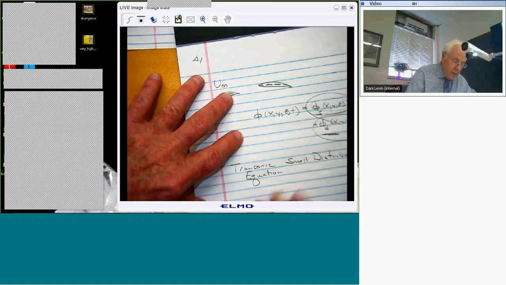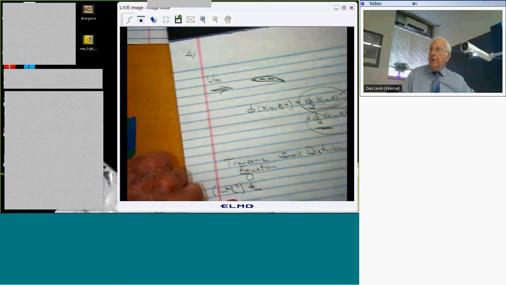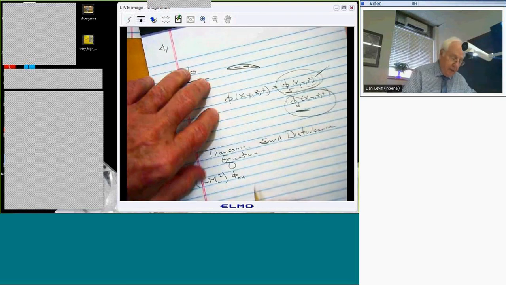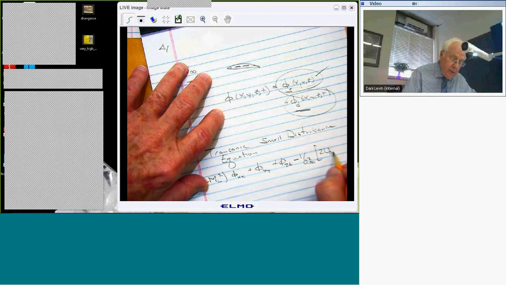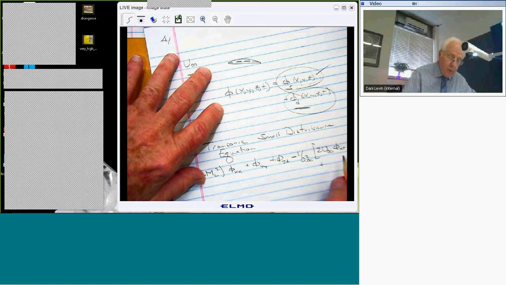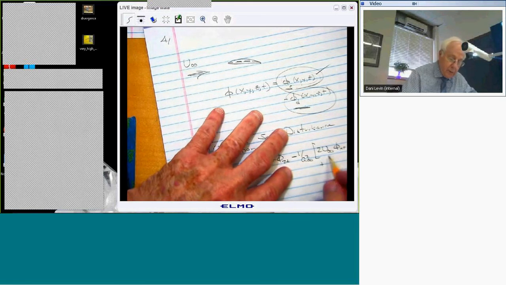It's 1 minus the local Mach number squared times phi xx, I'm going to use subscript notation, it'll save me time, x means second derivative with respect to x, plus phi yy plus phi zz minus 1 over a infinity squared times 2 U infinity phi xt plus phi tt. There was a phi xx term here, but I took it over here.